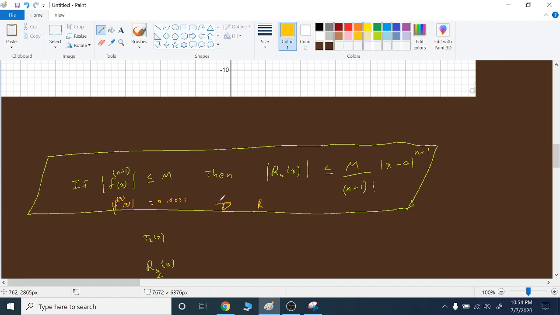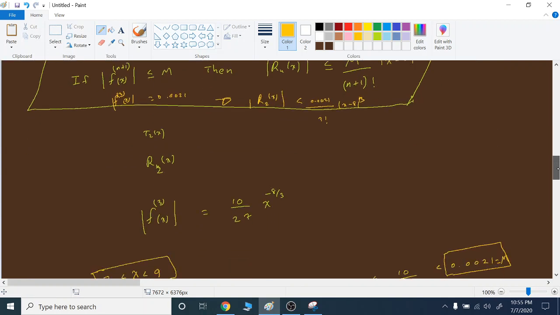So as we have this one, then we can directly say that the R3, no, not R3, R2, the remainder caused by the second degree polynomial is less than 0.0021 divided by 3 factorial times |x minus 8| to the power 3. Okay, so now we still have to do some work, because here you have an x minus 8 term.